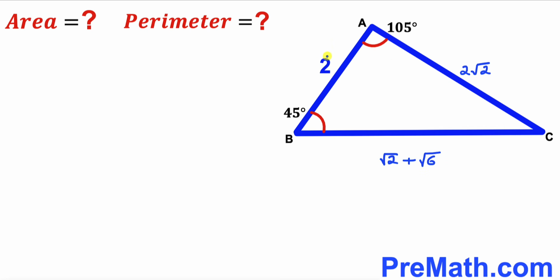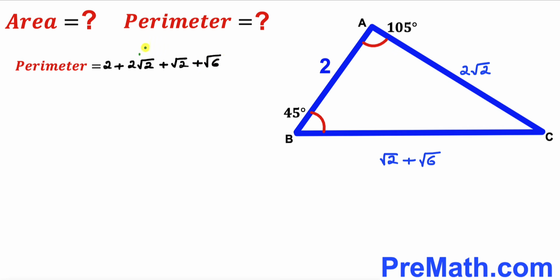We know the perimeter of this triangle is going to be the sum of all the side lengths of this triangle. So therefore, the perimeter of this triangle ABC is going to be simply 2 plus 2 times the square root of 2, and plus finally square root of 2 plus square root of 6.